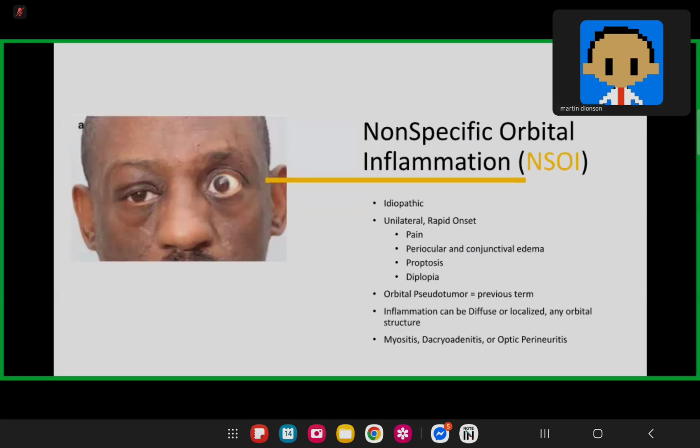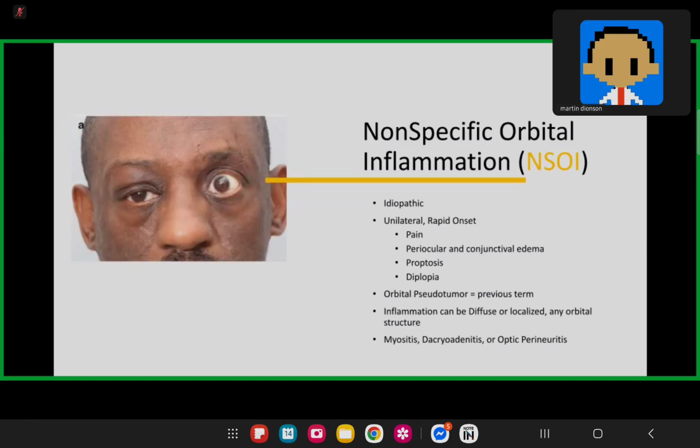Okay, so as the name implies, this inflammation is idiopathic, which occurs rapidly in one eye and is characterized by pain, periocular and conjunctival edema, proptosis, and diplopia. Before, when you hear the word orbital pseudotumor, this is just the previous term for your NSOI. So they just mean the same thing.